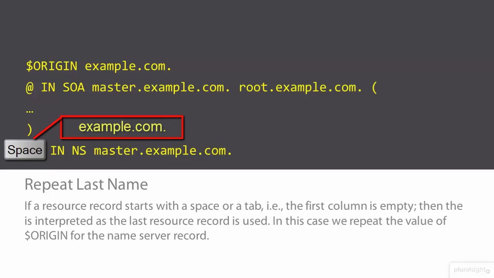So we're saying then for the domain example.com dot, we're going to look for the name servers, which servers look after the database, as being master.example.com. So it's quite simple really, but we can see how this can become confusing if we don't understand the shorthand. So if a column starts with a space or a tab, then we mean we're repeating the last record used. And often that is going to be the @ symbol, which is then coming from our $origin.